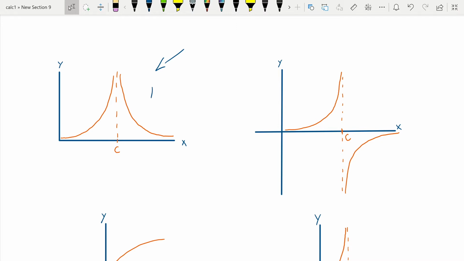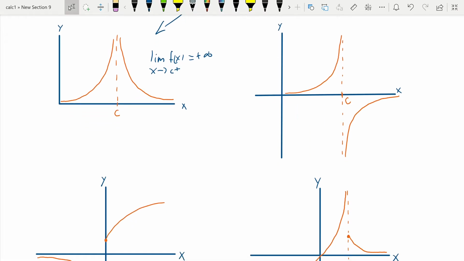Here, for instance, the limit of f(x) as x approaches c from the right is plus infinity. And it's the same thing for the limit from the left.